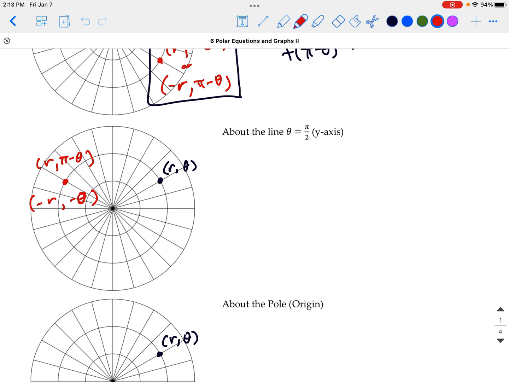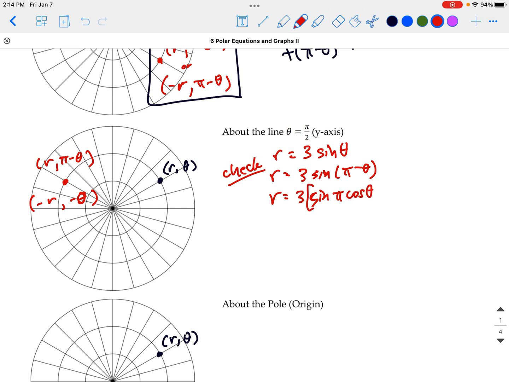So an example of this would be r is equal to 3 sine theta. And if we did our check here, we would substitute maybe r, 3 sine of pi minus theta. And if we do that calculation, we'll get sine of pi cosine theta minus sine theta cosine pi.